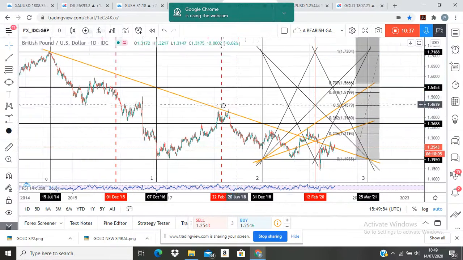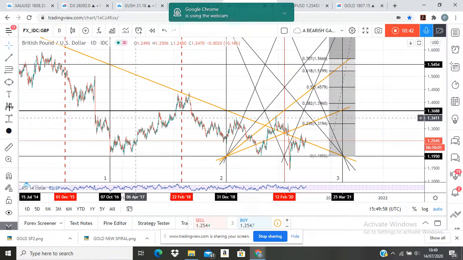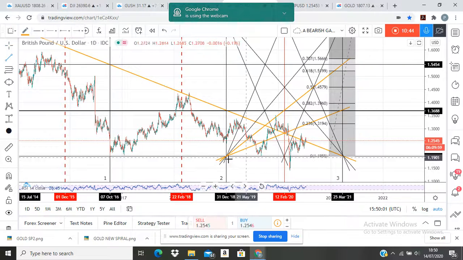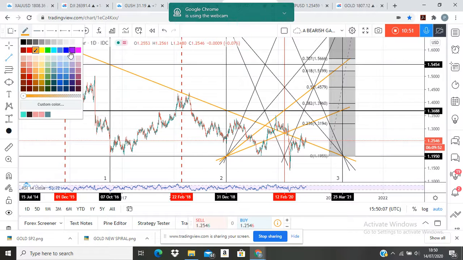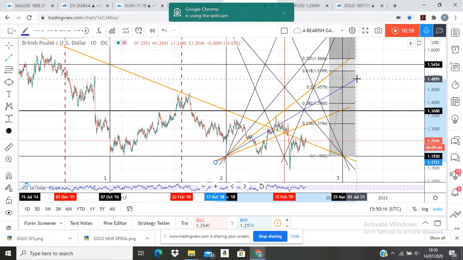So we have our 0.5 here, which is the half angle that we discussed previously. So we just try to see, let's use a different color. So let's say blue color. So we draw the 0.5 angle.